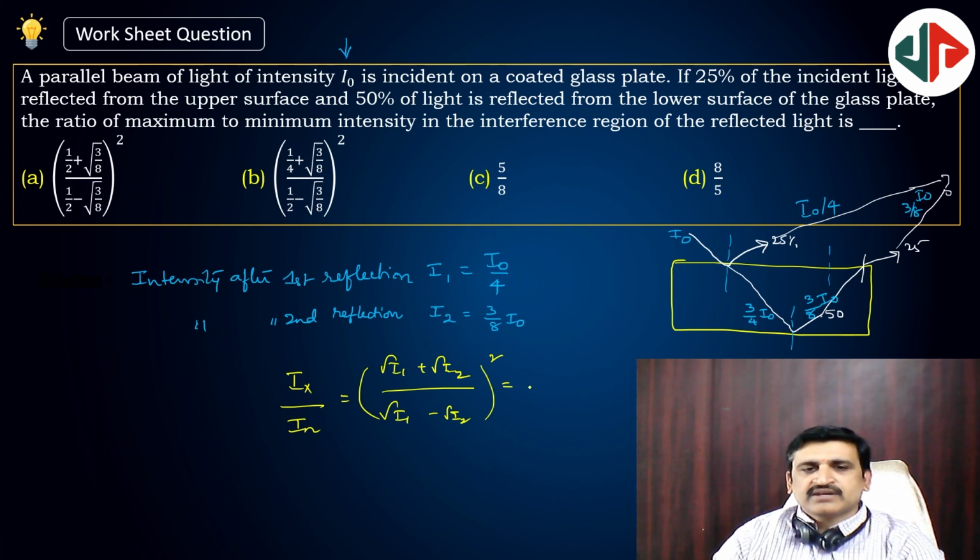So I naught gets cancelled. Root 1 by 4 will be 1 by 2, plus root 3/8. Root 3/8 is in the options also, so I am not cancelling that, by 1 by 2 minus root 3/8, whole square. So option A.